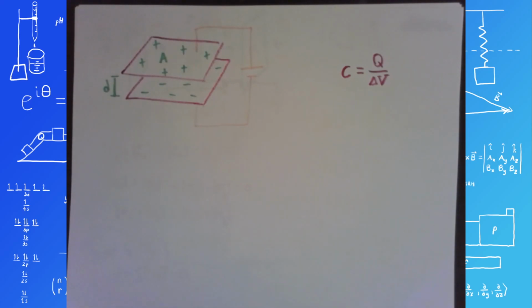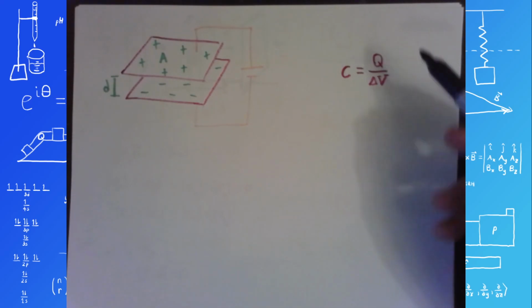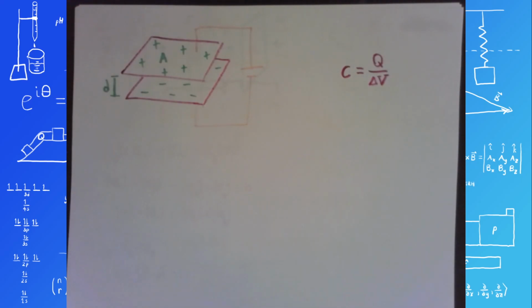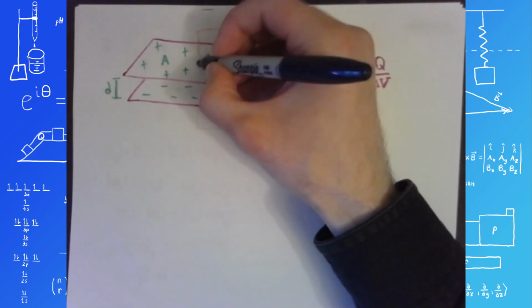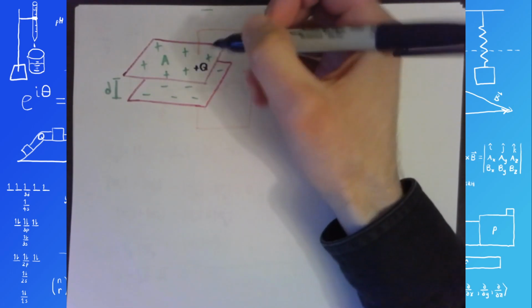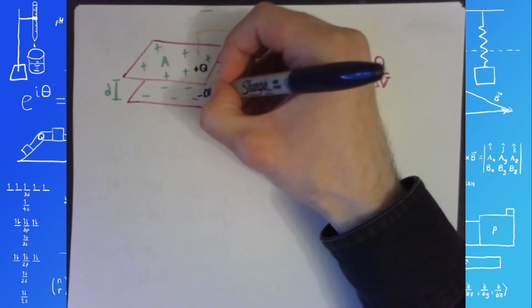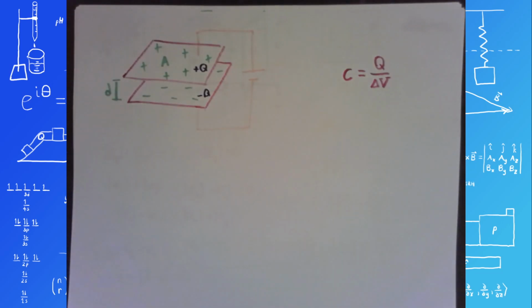So now we want to figure out what is the ratio of charge separated to difference in potential between the two plates? Well, once this thing is fully charged up, there is going to be a charge of positive Q on the surface of the top plate and a charge of negative Q on the surface of the bottom plate. We can use Gauss's law, or at least the conclusion that we've been using for the past couple weeks from Gauss's law, to figure out what the electric field is in between these two plates.